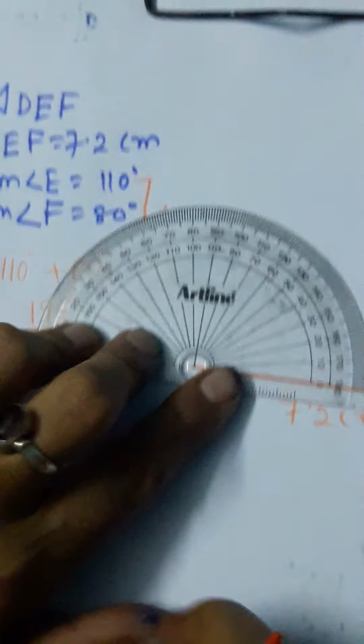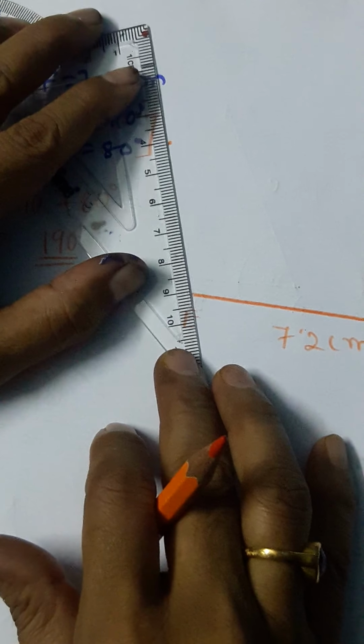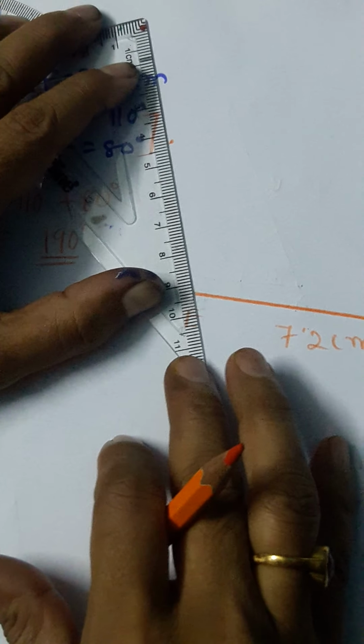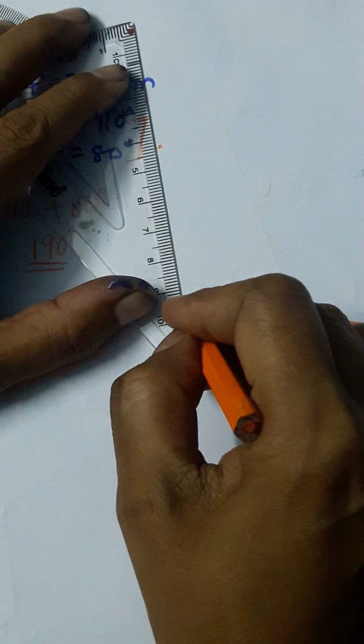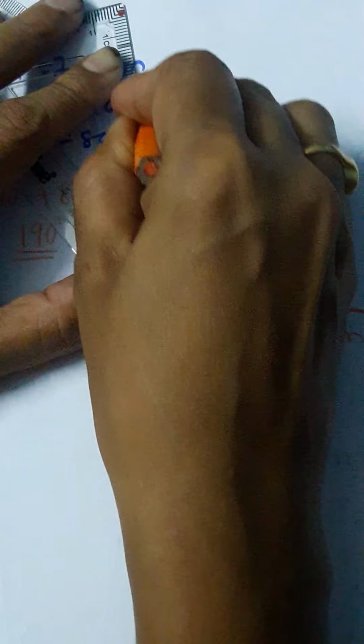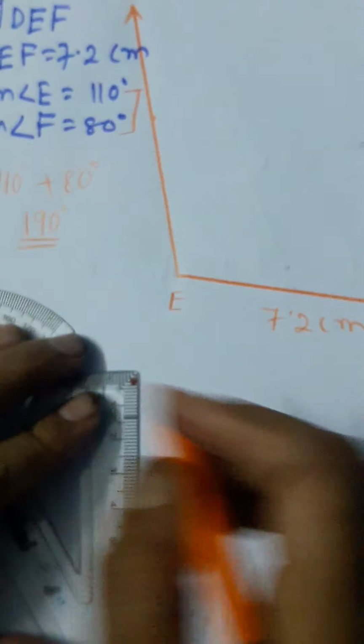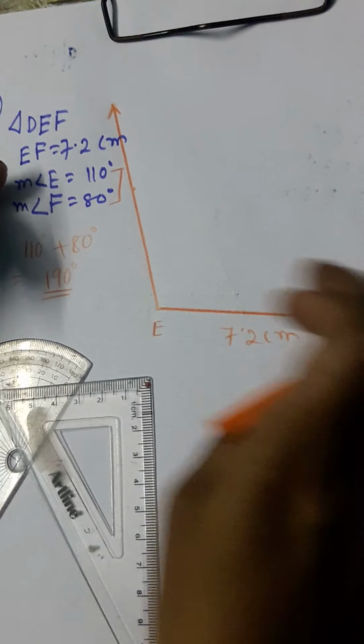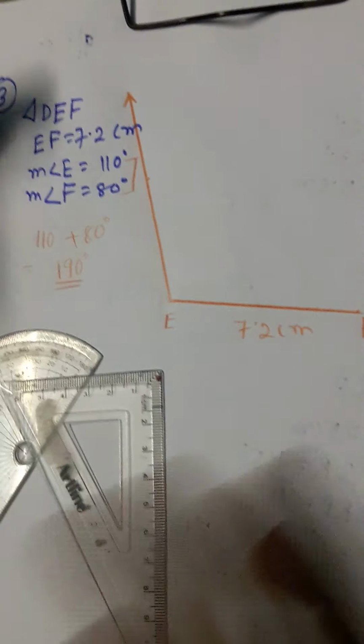Let's join this point with E to get that angle of 110 degree. Yes, this is the first angle I have got. As per the question, point D might be somewhere over there if these two rays intersect each other.